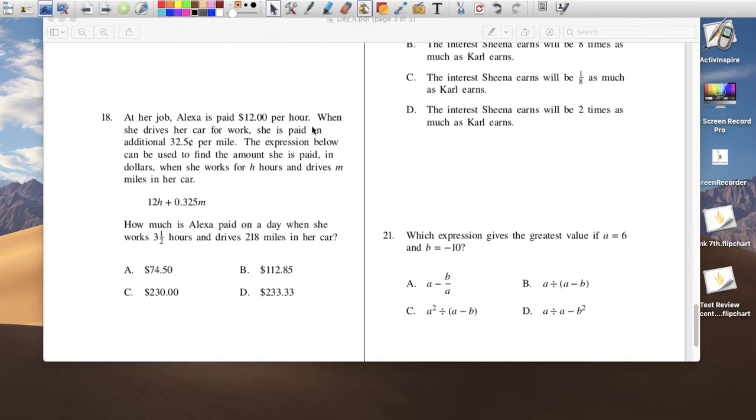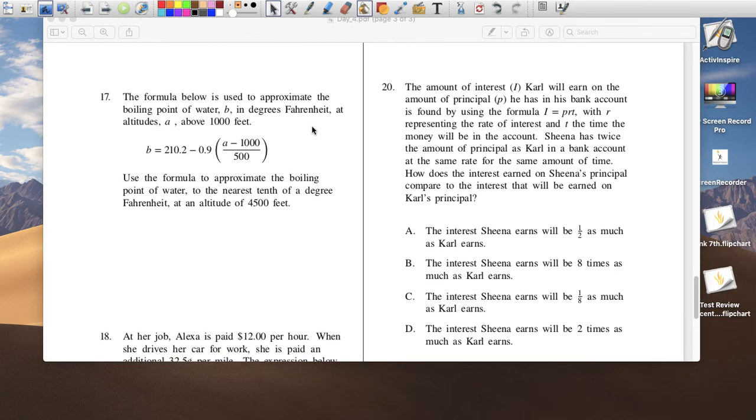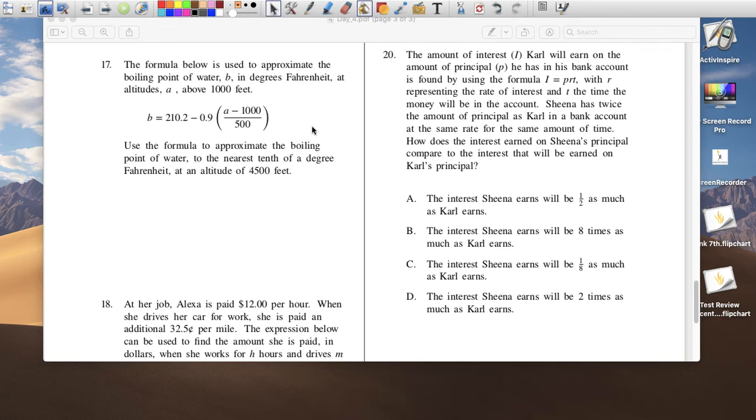17. Here's the formula for boiling water to approximate the boiling point of water, B in degrees Fahrenheit at certain altitudes, right? So the water definitely boils at different temperatures depending on altitude.